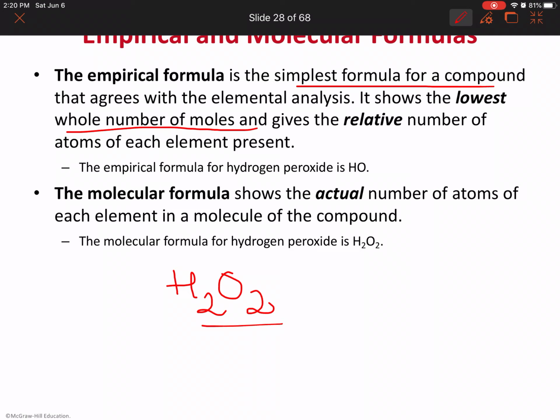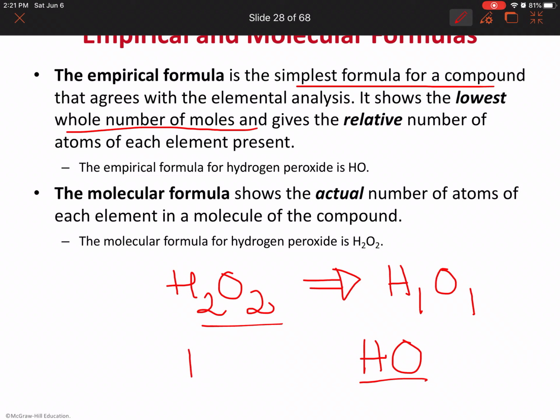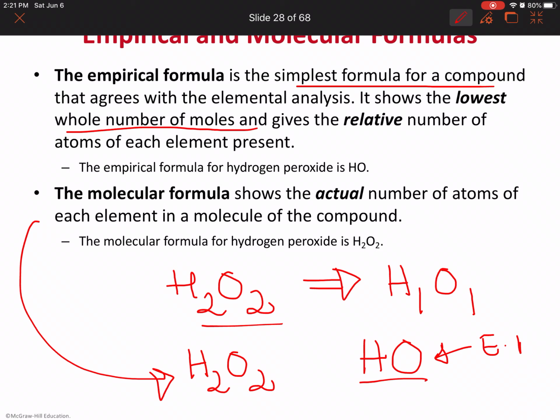Now for H2O2, what is the smallest ratio between hydrogen and oxygen? If you divide both of these by 2, that would be H1O1. Right? So the empirical formula of hydrogen peroxide would be HO. That is what we normally find from elemental analysis. And the molecular formula, the actual molecule, exists as H2O2. So this one is called molecular formula, whereas this one is called empirical formula.